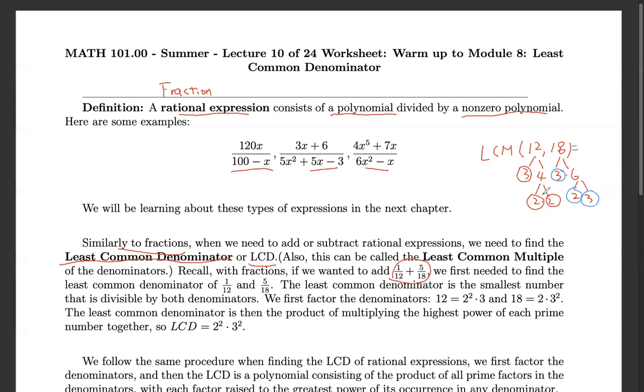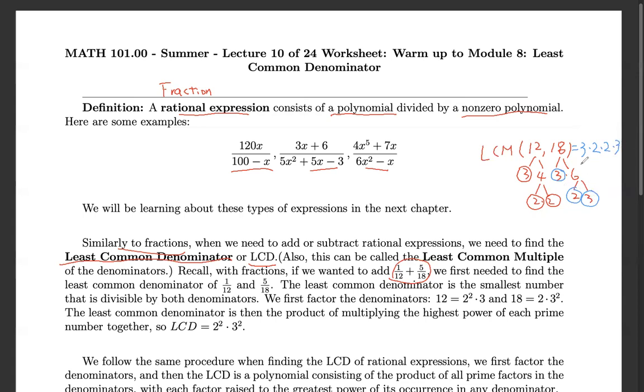So the least common denominator has to include every factor, but only once. If you see 3 is a factor of 12, is a factor of 18, so it's a common factor, we only include it once. Then 2 here, so we include these 2. But then we have the second 2 for 12, so we need to include that. Then we have this 3, we need to include.